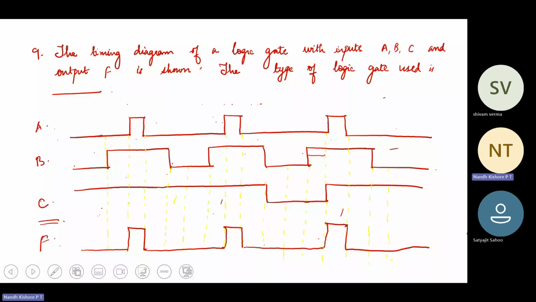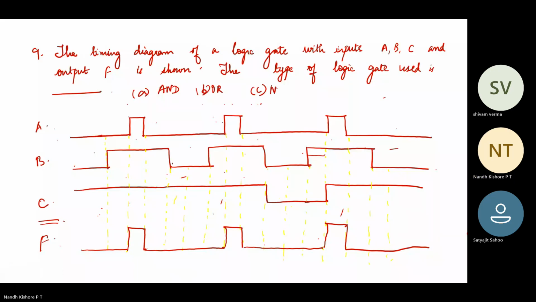Is it AND gate, OR gate? So the options are AND, OR, NOR, NAND. So what is a logic gate? Seeing this.